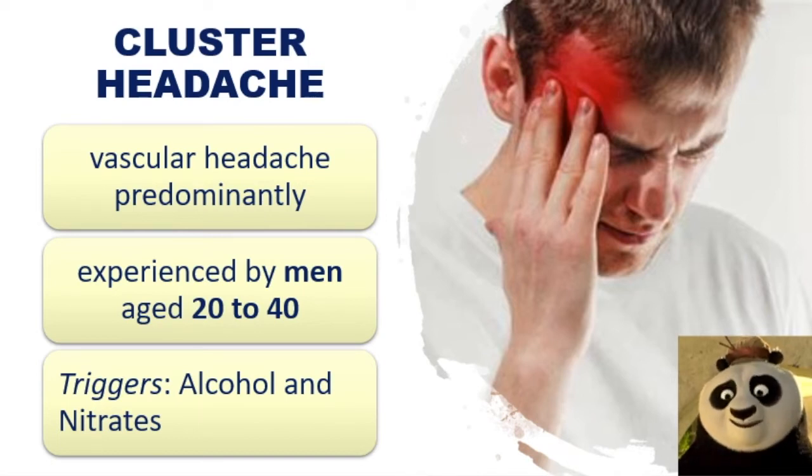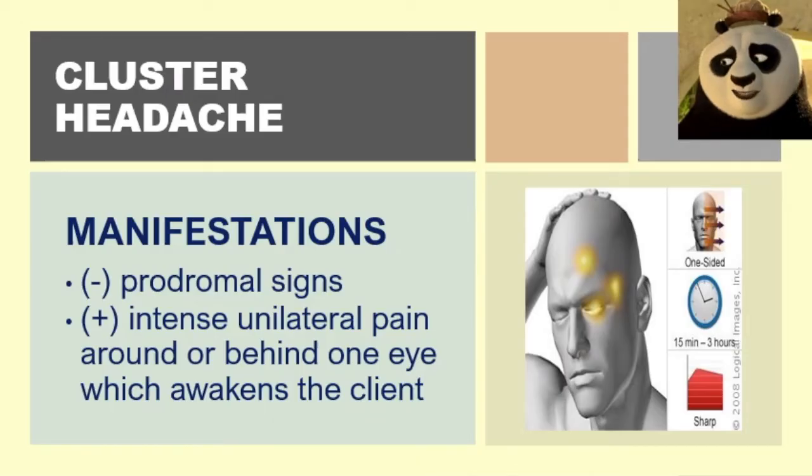The manifestations are negative on prodromal signs. However, it has intense unilateral pain around or behind one eye, which awakens the client. The pain would begin in the infraorbital region, going towards the head and the neck, and it is considered to be one-sided.